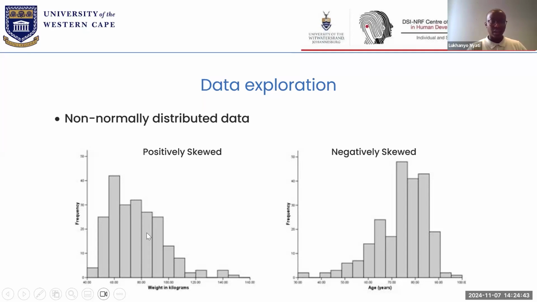Salary also has a positive skew, where you have a lot of individuals with a lower salary and a small number of individuals in the higher salary bands. If you're considering certain lifestyle diseases, you may find that age tends to skew towards older individuals, and you've got fewer young people with that particular condition.